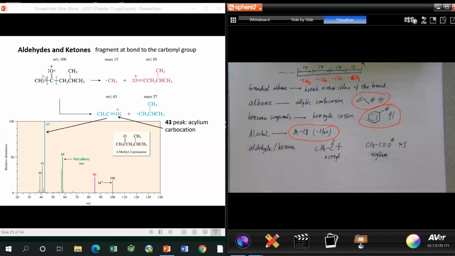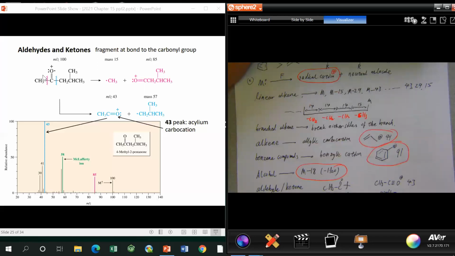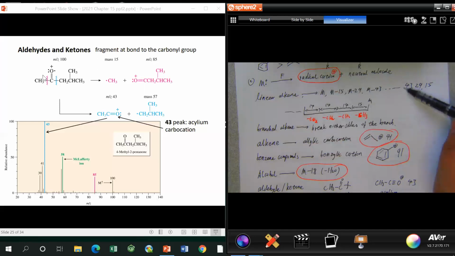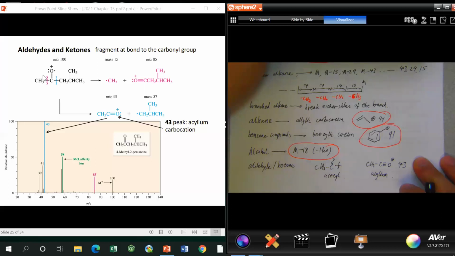The only problem, which someone may have already noticed, is that the mass of the acylium cation is the same as the 43 from the linear alkene, so that sometimes gets confused and won't be so unique.